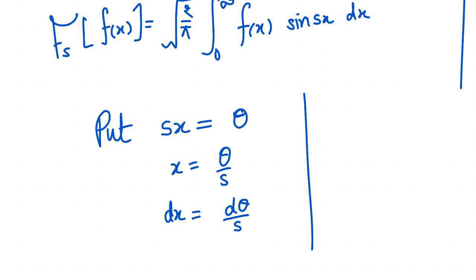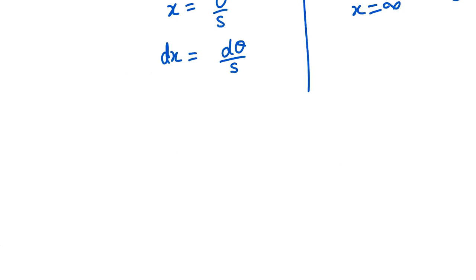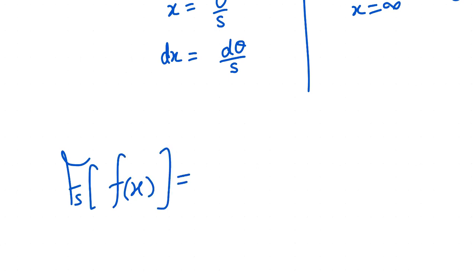Now let us change the limit. If x is equal to 0, then theta also will be 0. If x is equal to infinity, then theta also will be infinity. And now let us substitute these values. So we have the Fourier sine transform is equal to square root of 2 over pi and limit 0 to infinity.